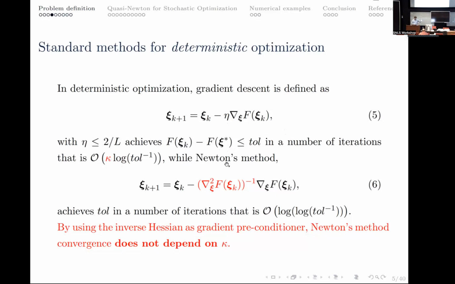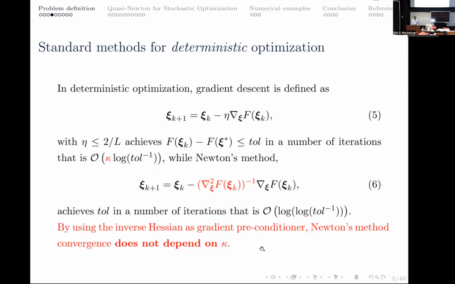On the other hand, we have the Newton method, which is a second order method where we precondition the gradient by the inverse of the Hessian. And in this setting, given that we have some stability conditions satisfied, we have quadratic convergence. And in this case, we get rid of any dependency on kappa.